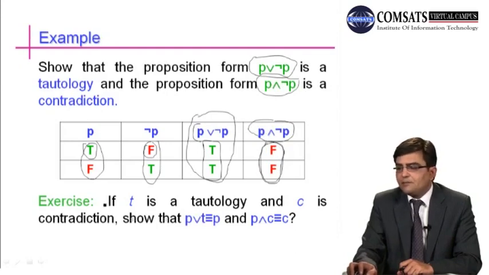Now, if T is a tautology and C is a contradiction, then we can easily show that P disjunction T is equivalent to T, and P conjunction C is equivalent to C. Here T is a tautology means this proposition T will have all true values in its truth table, and contradiction C will have all false values in its truth table.